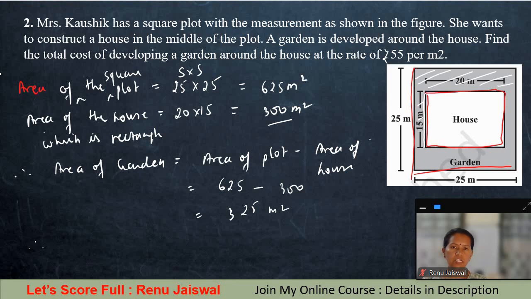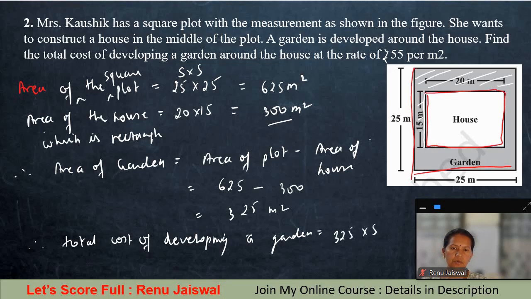Like here, the total cost of developing a garden. So you can write total cost of developing a garden is equal to how much? 325 into 55. Here you can write one more statement like total cost of developing a garden at the rate of 55 rupees. Let me erase this and write it neatly.